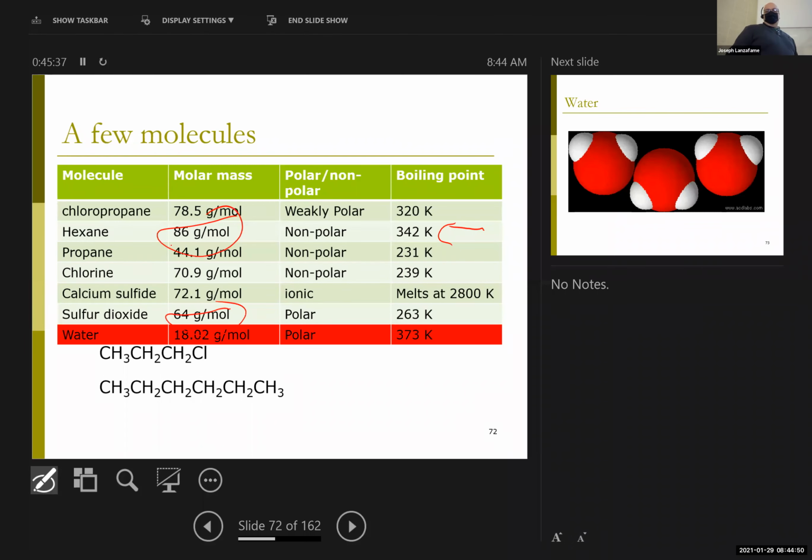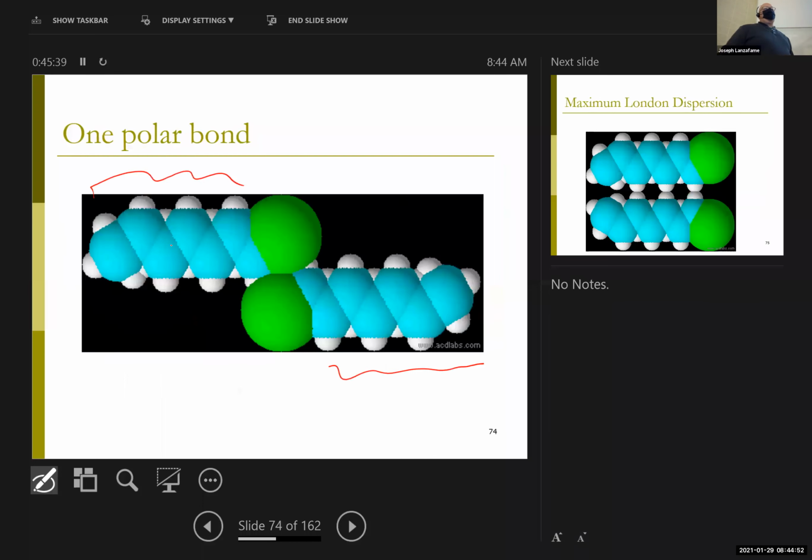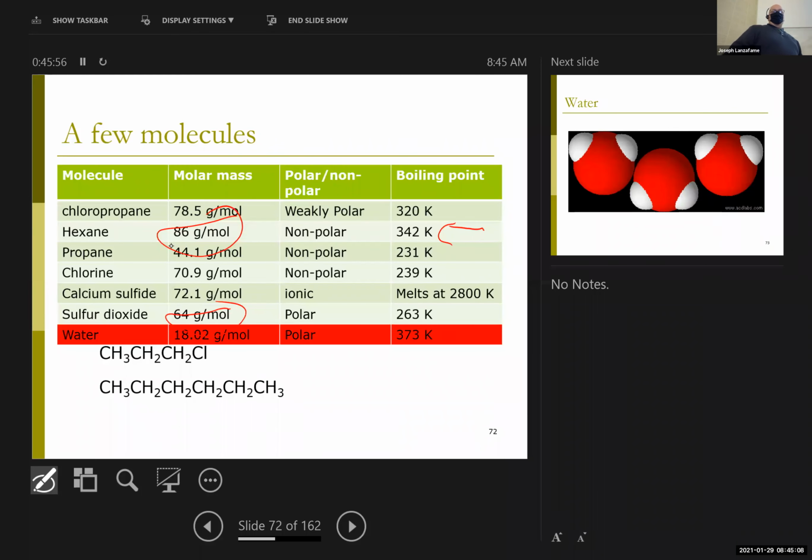Chloropropane is a slightly shorter version of this. It's a 3-segment caterpillar with a chlorine on the end. And again, the only polar bond is the carbon-chlorine bond on the end. So if you look at chloropropane and propane, there's a significant difference, but there's also a significant mass difference.